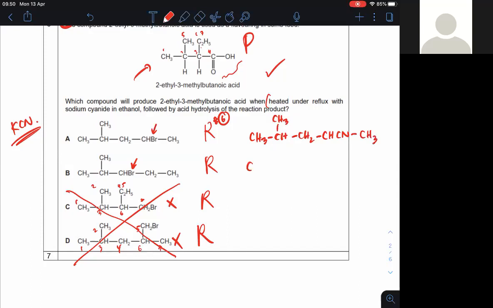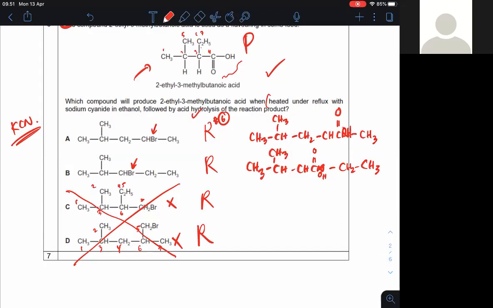The same thing here, CH3, CHCN, CH2, CH3. Now the next step is going to be acid hydrolysis. It means this CN is going to change into carboxylic acid. So if I change it a bit, it's going to be double bond O and then OH. So here, double bond O, and this one will be OH.